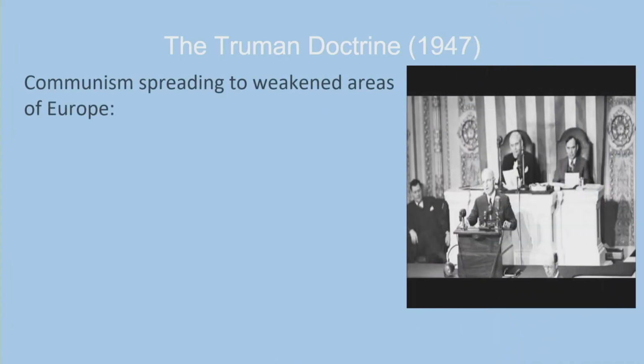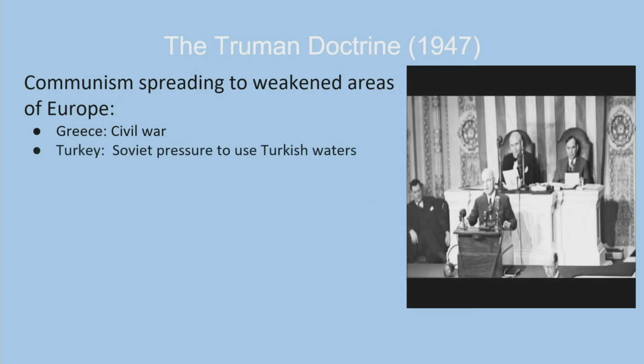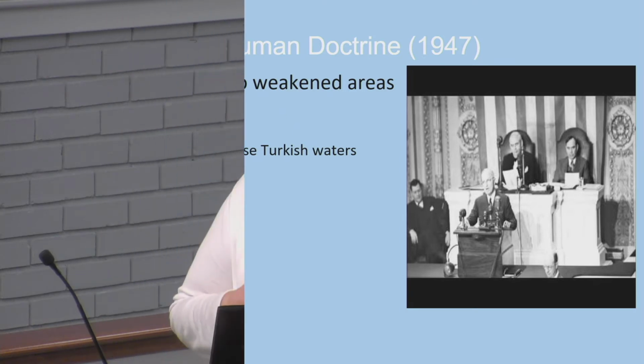All right, so the Truman Doctrine starts off this doctrine of containment. Here's what's going on, all right? In Greece, there is a civil war between a democratically elected government and a communist insurgent group. And next to Greece, in Turkey, they also have communist insurgents and also pressure from the Soviet Union regarding some of their waterways.